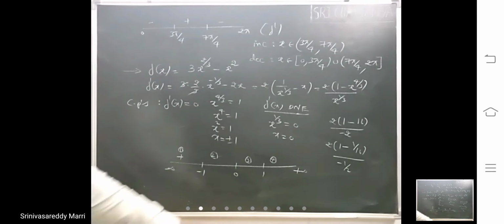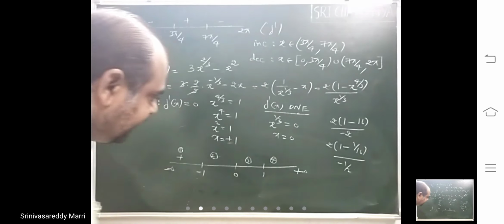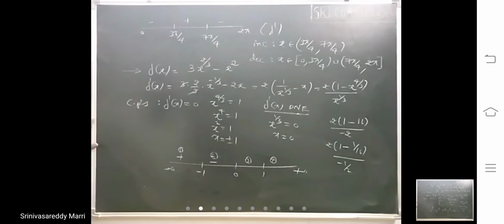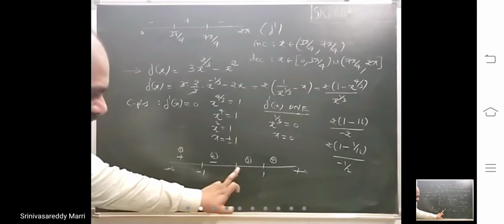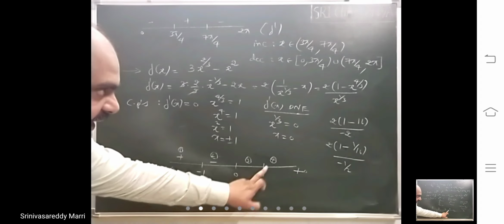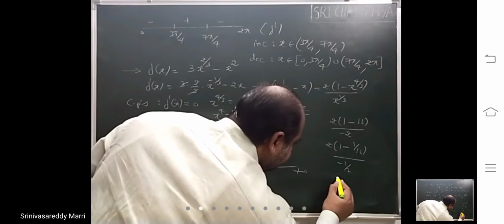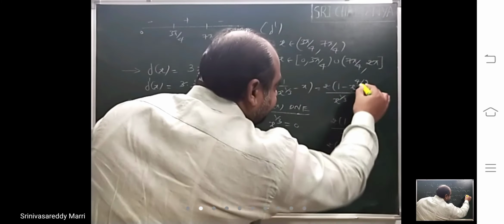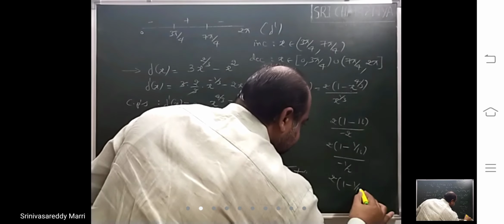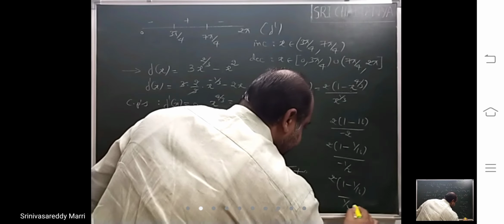This is positive, this is negative. That means here you will get negative. Similarly, 0 to 1. Let us say I will substitute 1 by 8. If I substitute 1 by 8, what will I get? 1 by 2 whole cube, 1 minus 1 by 16, divided by 1 by 2.